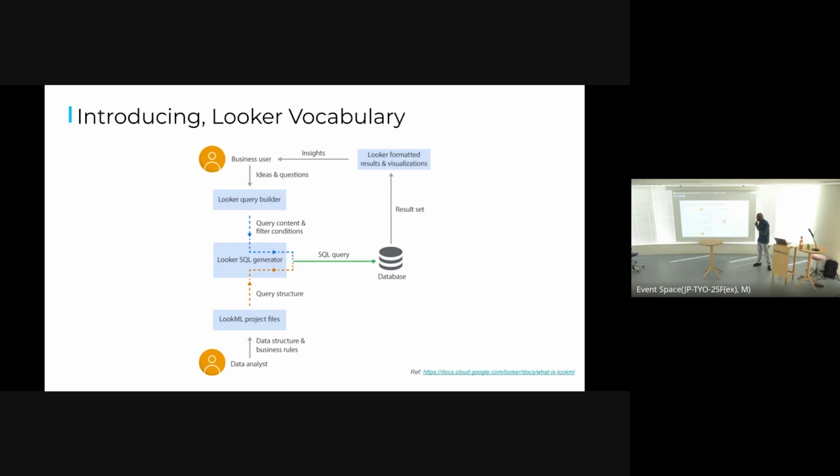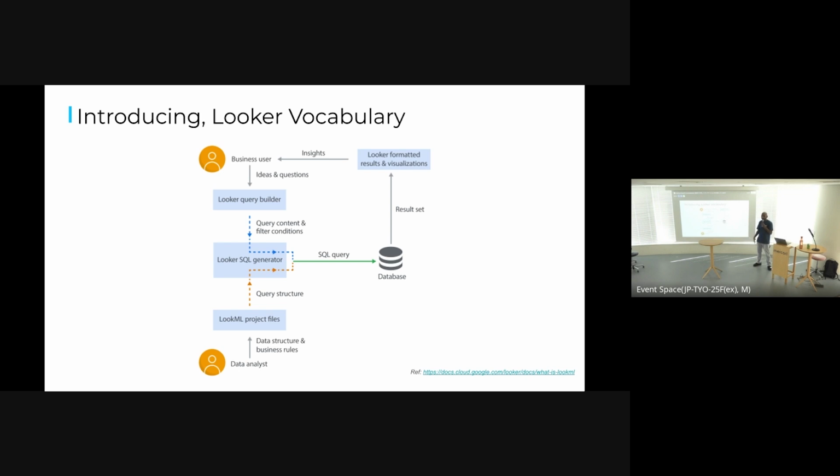And the Looker has an engine that is capable of generating SQLs out of these configuration files. So you choose those fields that are required from the file, and Looker can generate it for you.